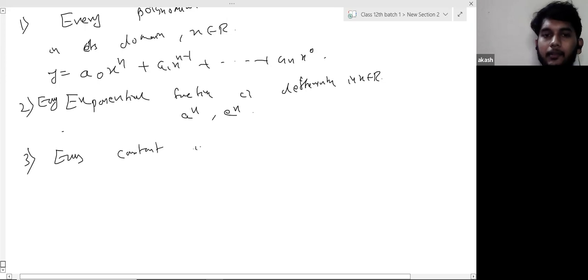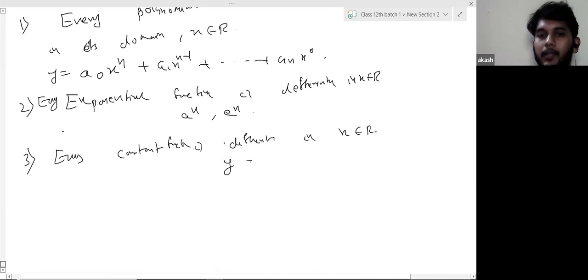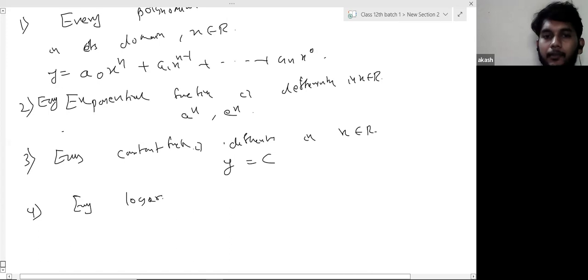Every constant function is differentiable for x belongs to R. What is a constant function? y equals c, a constant value. Every logarithm function is differentiable in its domain.